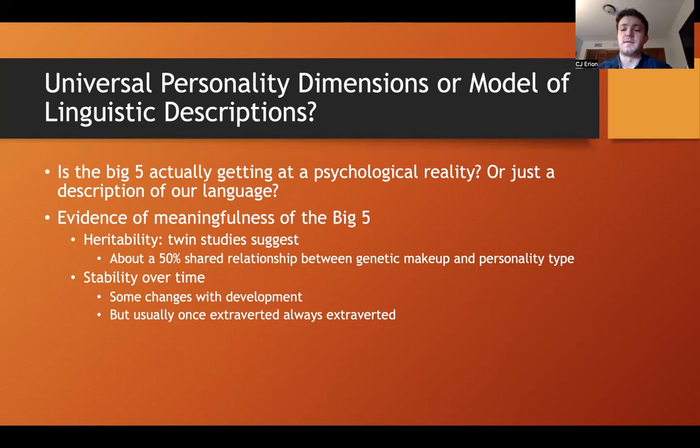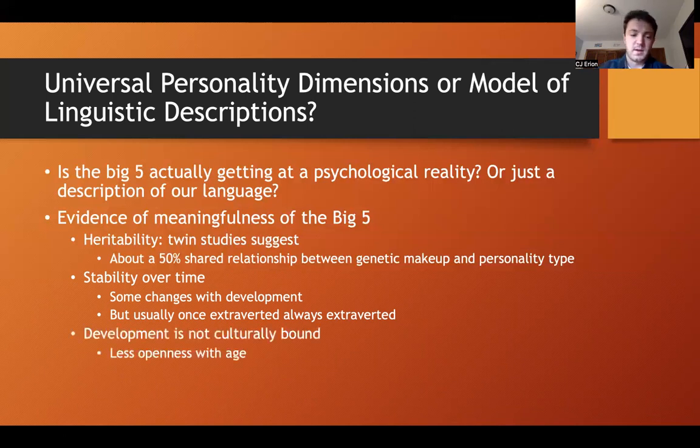For example, usually once someone is extroverted, that will be relatively consistent across time. However, as I mentioned, there are some of these developments as we age, providing substantial evidence for these factors.